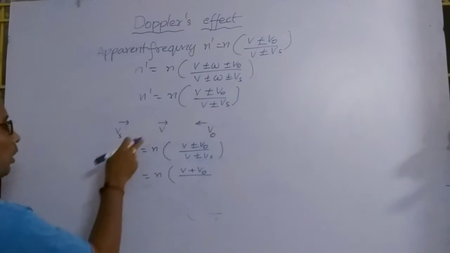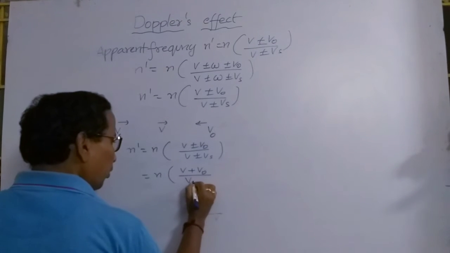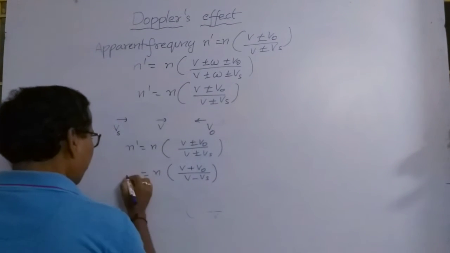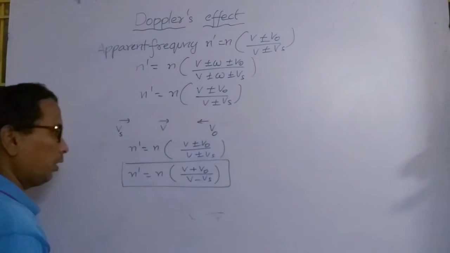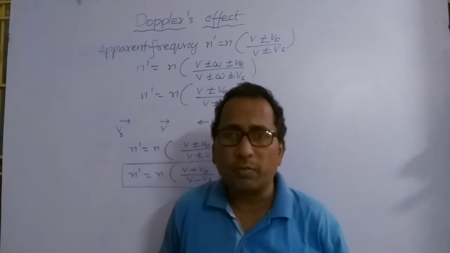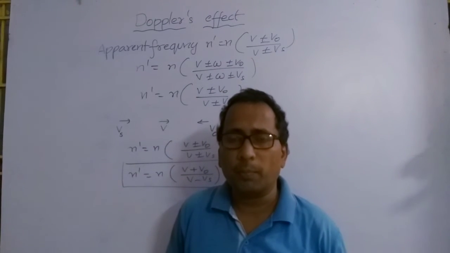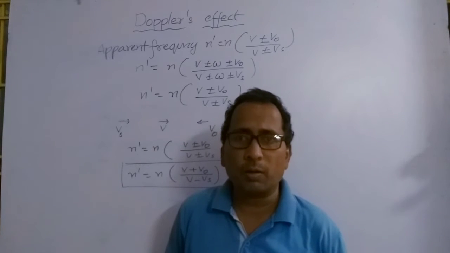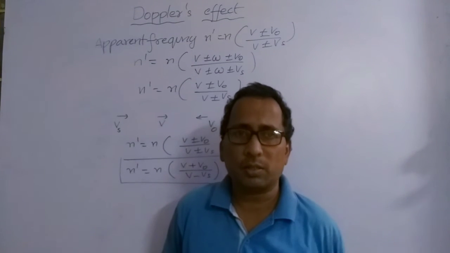By, both are in the same direction means minus, V minus Vs. So n dash is equal to n into (V plus V naught) by (V minus Vs). In this way you should write the formula for any problem. There is no need to learn the formula by heart; at the moment of reading the problem, you can write the concerned one.